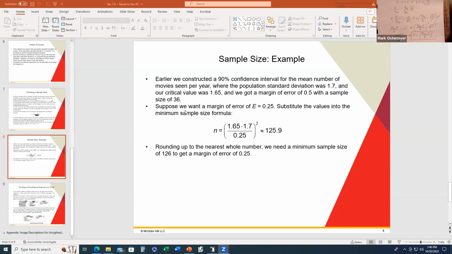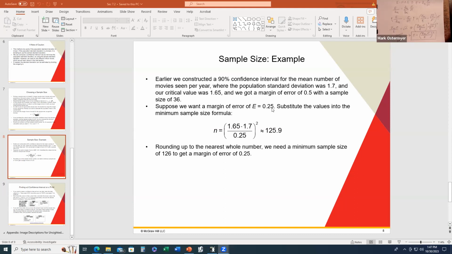Suppose, ladies and gentlemen, we wanted to lower our margin of error. Suppose we wanted our error between our sample mean and our unknown population mean to be no larger than 0.25. In other words, we do not want our sample mean straying any further away from our unknown population mean than 0.25 units.